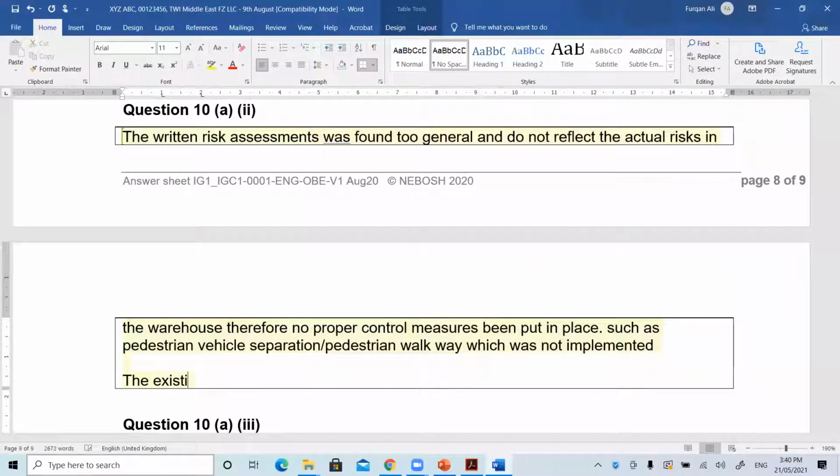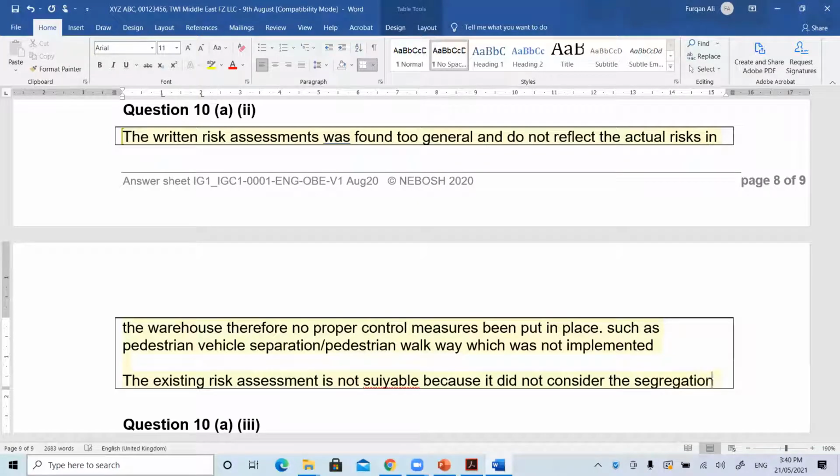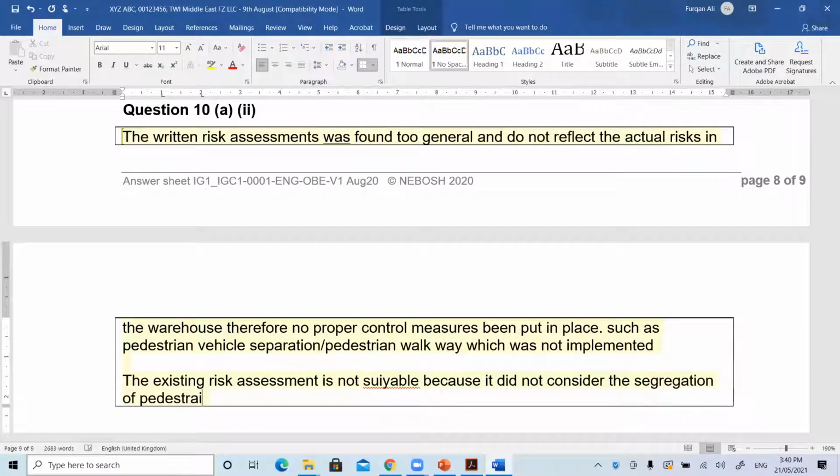The existing risk assessment is not suitable because it did not consider the segregation of pedestrians and vehicles, which can result in accidents taking place.